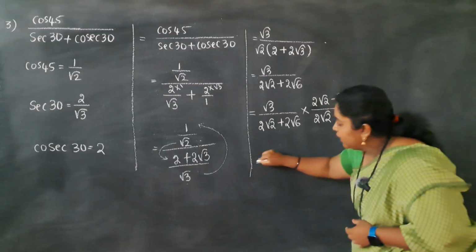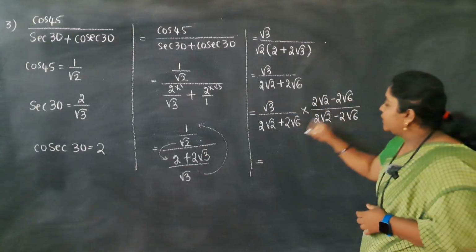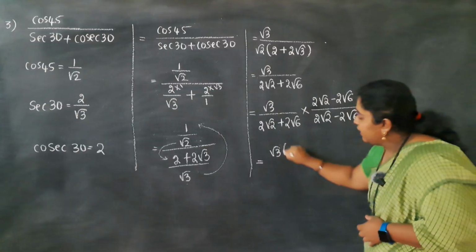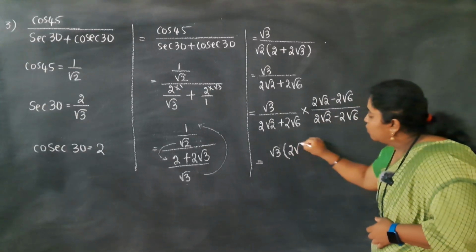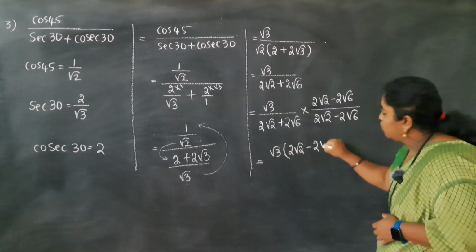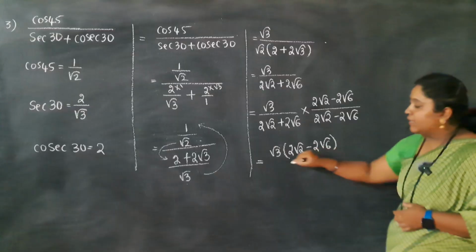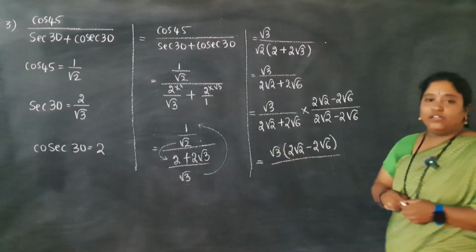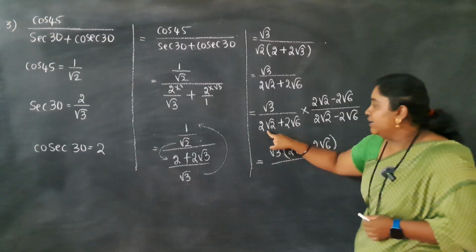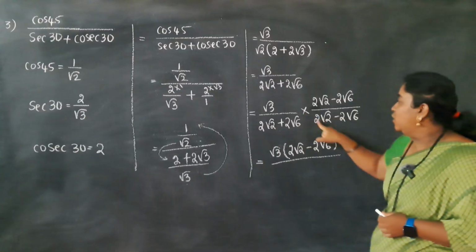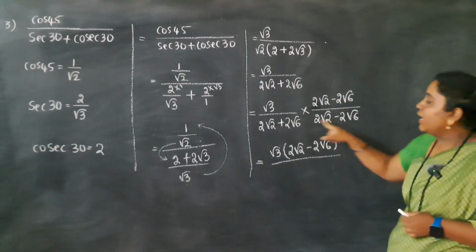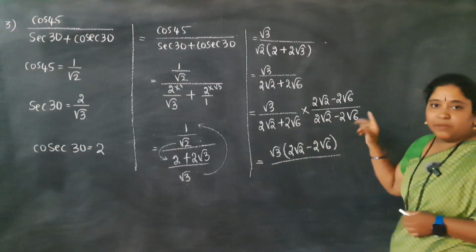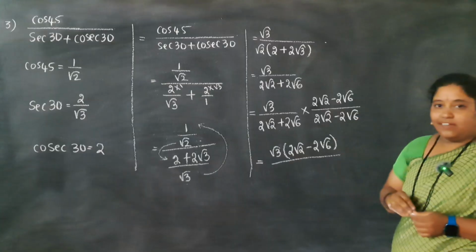Dears, what is there in the numerator part? Root 3 into bracket 2 root 2 minus 2 root 6. This is the numerator part. And in case of the denominator, you just see here, a plus b into a minus b. Okay, a plus b into a minus b will give me a square minus b square.